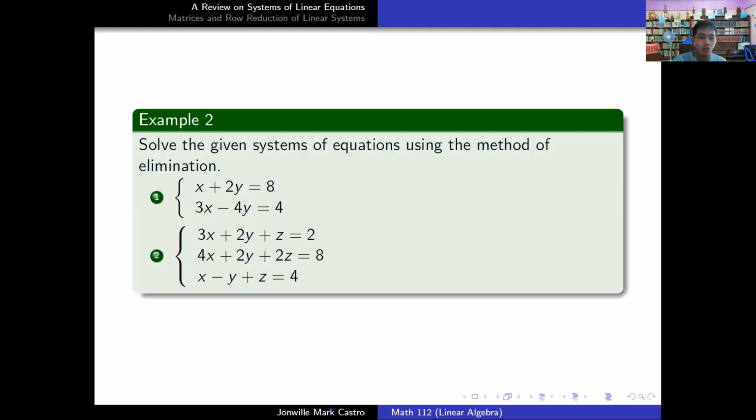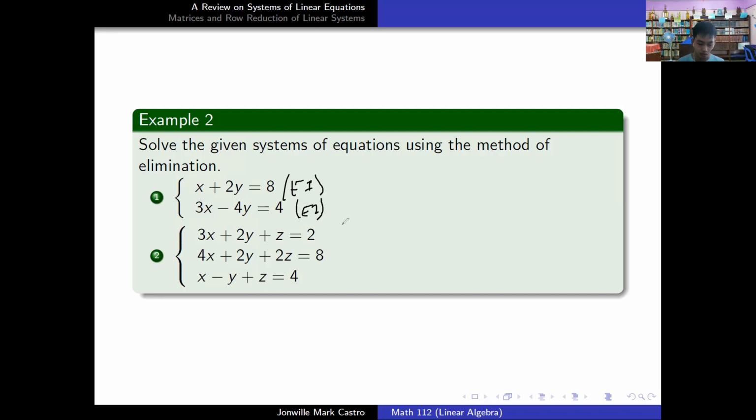For example, let's try to solve number 1. So let's solve the system. x plus 2y equals 8. 3x minus 4y equals 4. So let's name the two equations as E1 and E2 for equation 1 and equation 2.